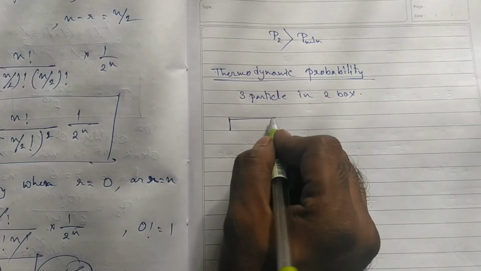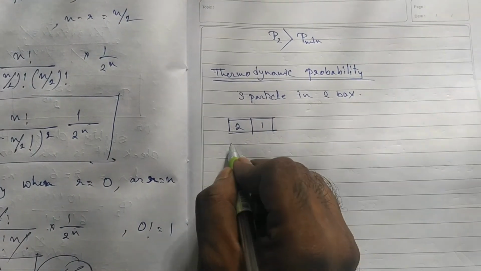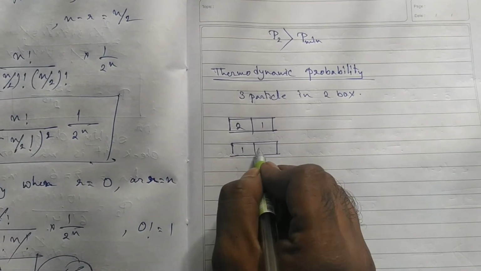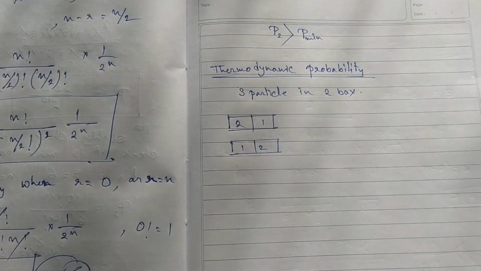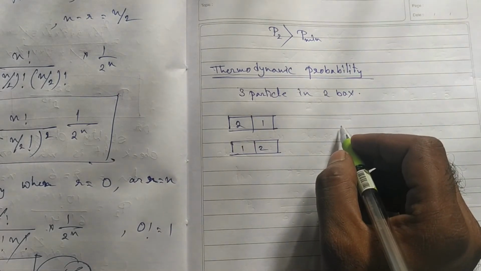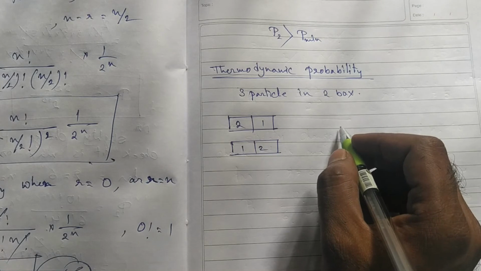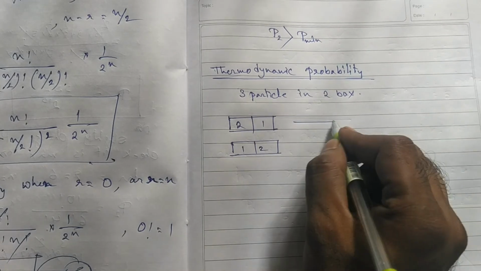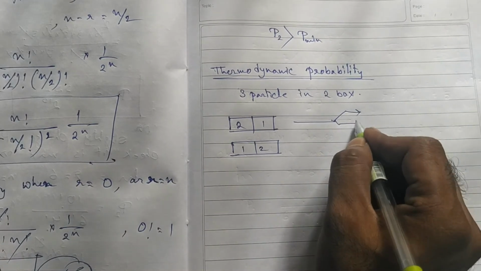For the macrostate, obviously we have 2 1 and 1 2. This is the most probable state. It is distributed as 3 1.